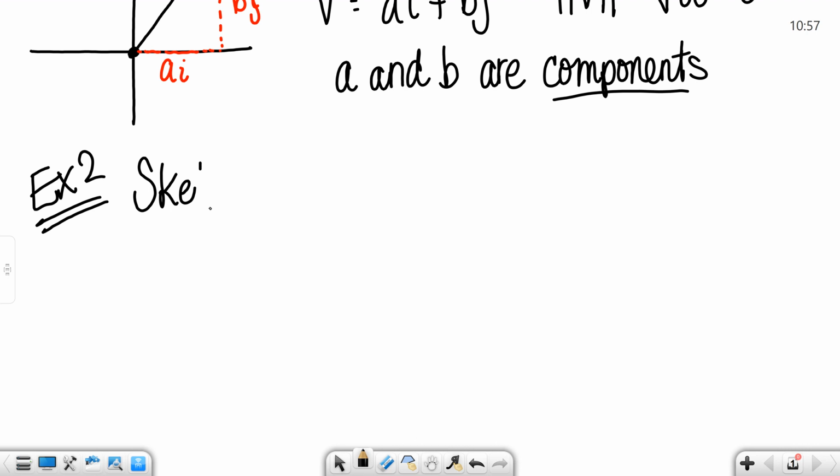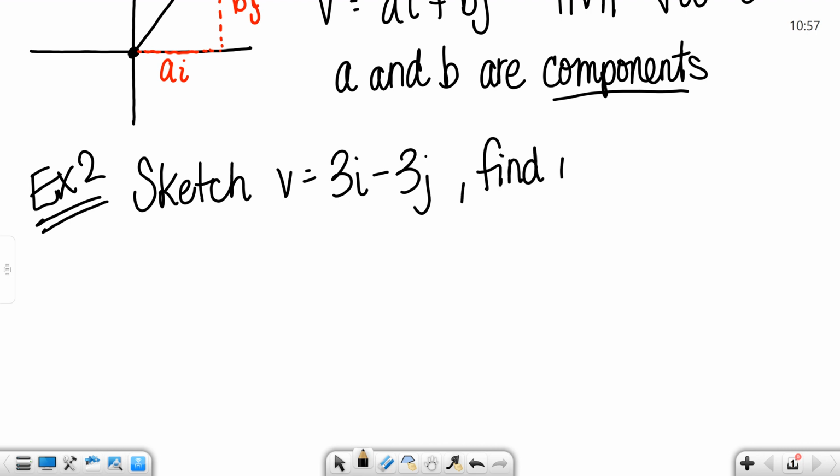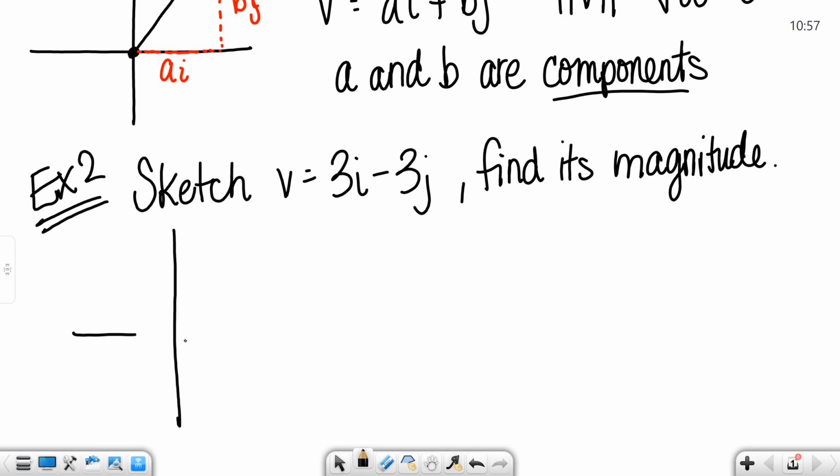We are going to sketch vector v, 3i minus 3j, and then we are going to find its magnitude, which is just its length. All right, so I'm going to draw my x and y axis. So my components, remember those are a and b.